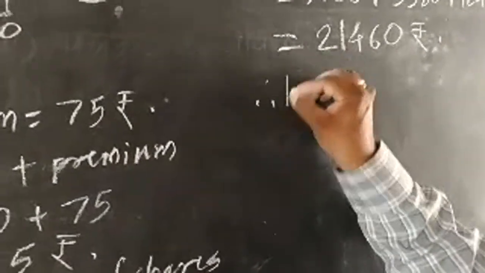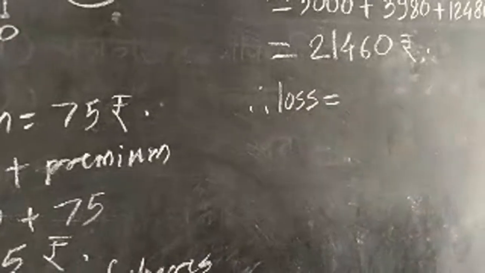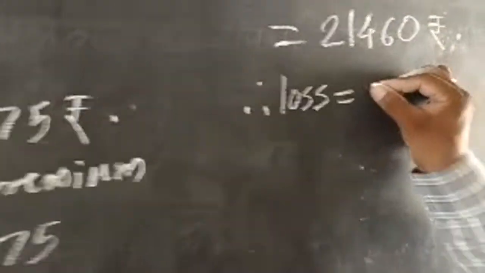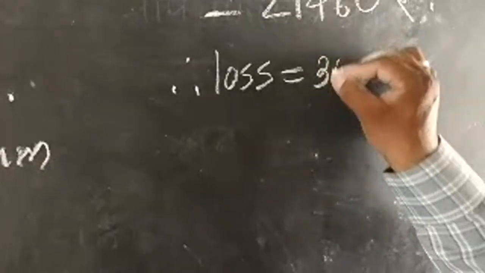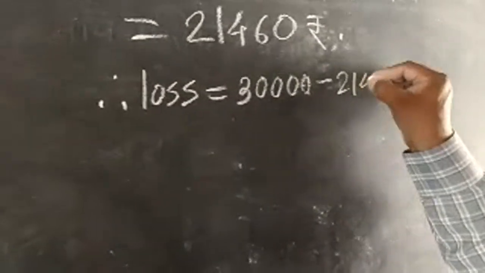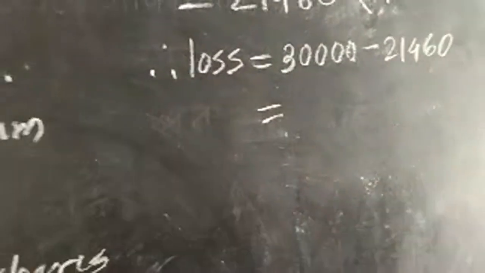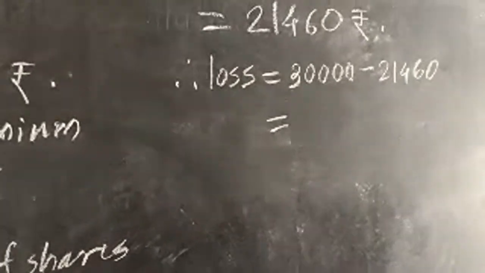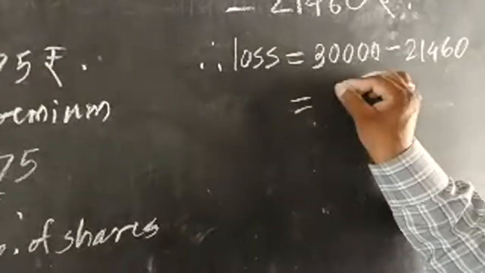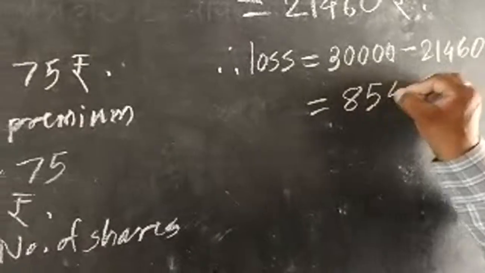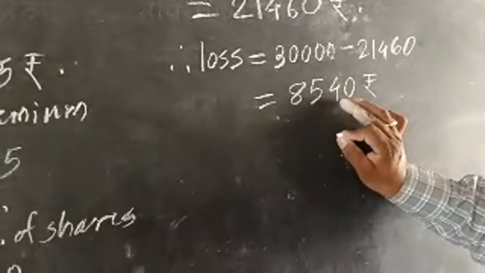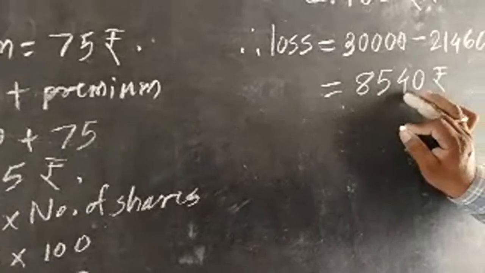Therefore, loss is equal to, yes, investment 30,000 minus received amount, and do the subtraction. Subtract this: 8,540 rupees. How many students get that answer? Yes, good.